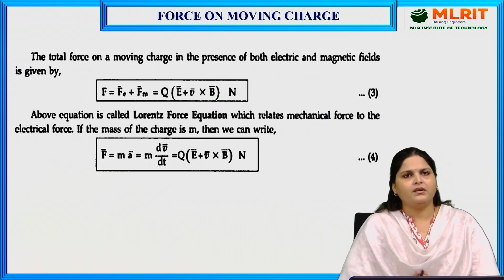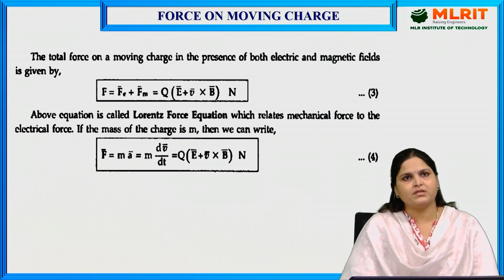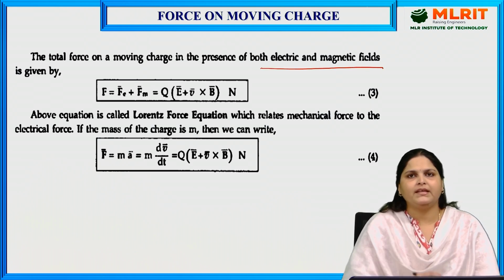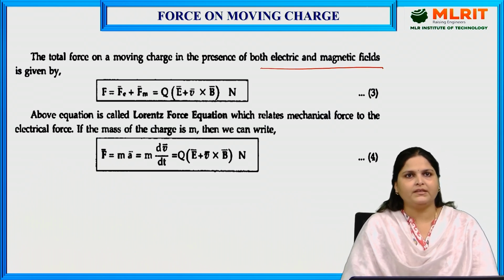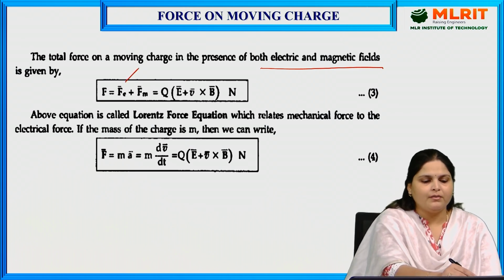Now if you combine these two forces, we can find the total force on a moving charge in the presence of both electric and magnetic fields. It is given by F equals Fe plus Fm.